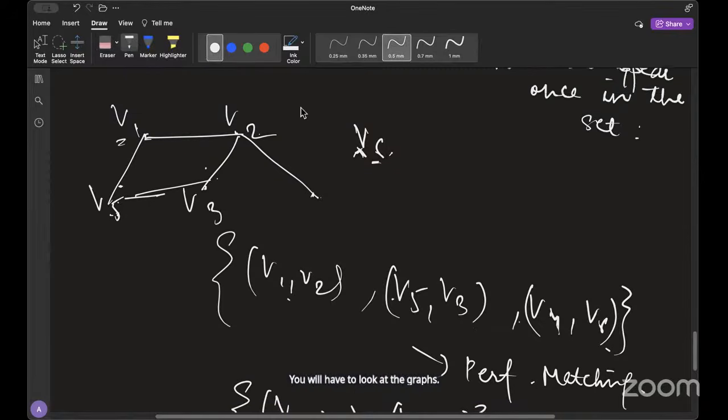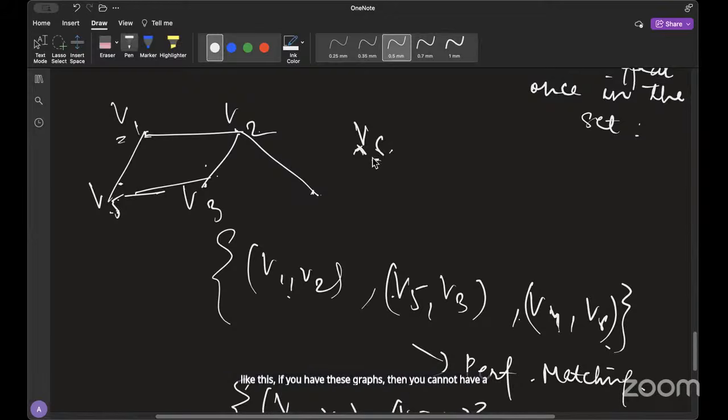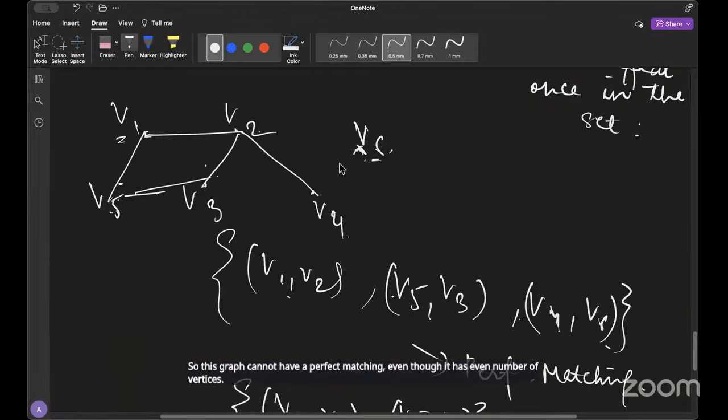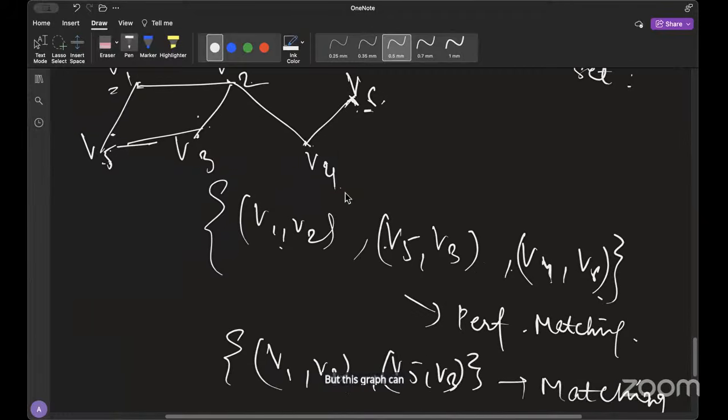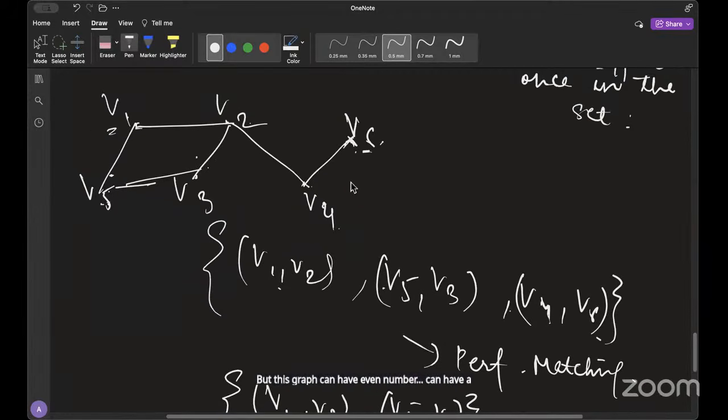Like this, if you have this graph, then you cannot have a perfect matching here, because V6 cannot be paired with anything. So this graph cannot have a perfect matching, even though it has an even number of vertices. But this graph can have a perfect matching.